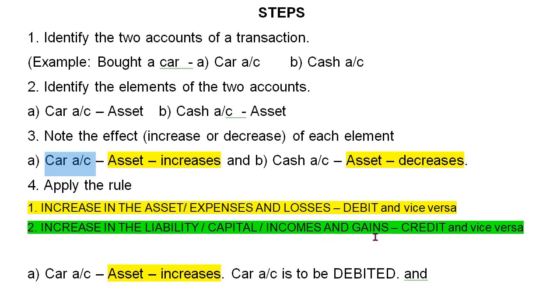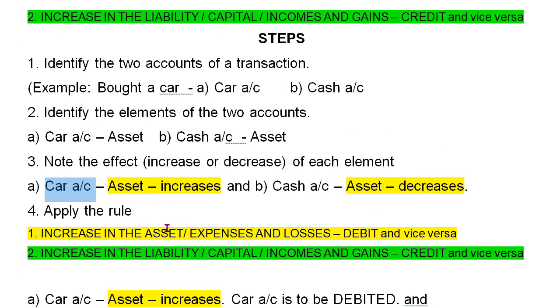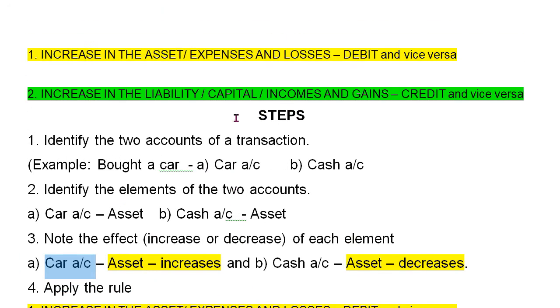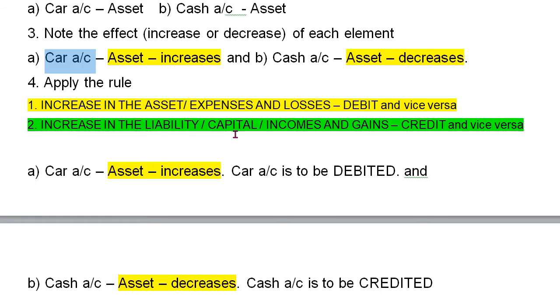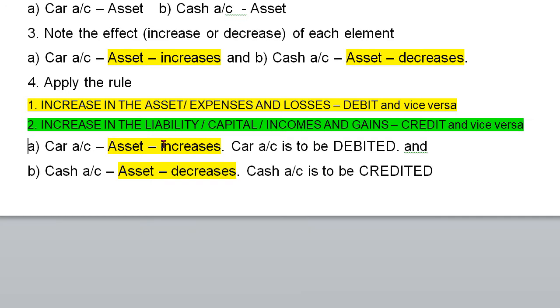Now apply the rule. The rule is increase in the asset, the same thing we discussed above. Here, car account is an asset, it increases, so car account is to be debited, because increase in the asset is to be debited.